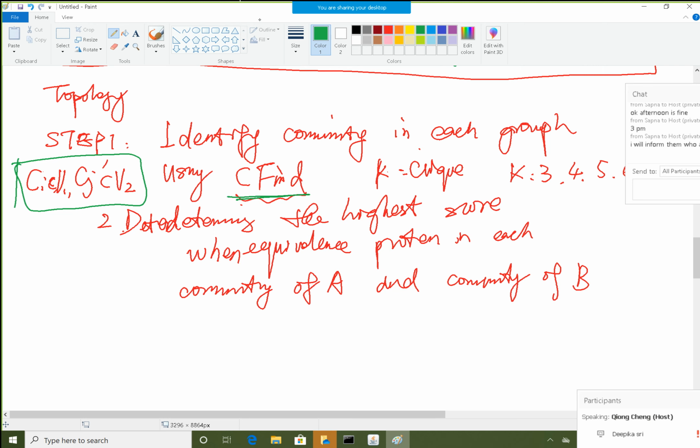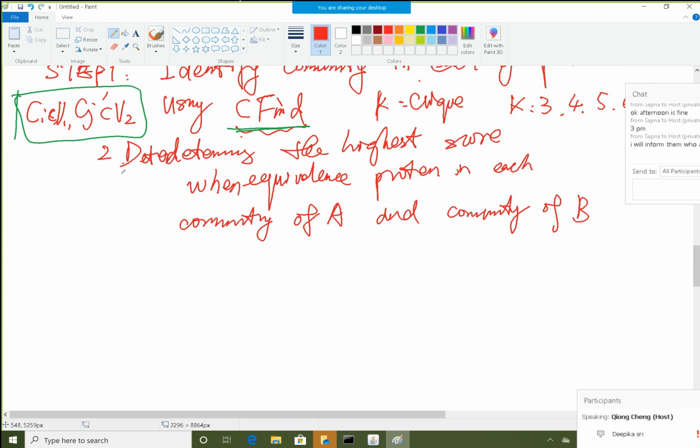And then after that, in this step, what they do is they map the vertex, let's say Vi, which belongs to the Ci. Let's not use I, let's use K. Belong to this one, and VL belongs to CJ.